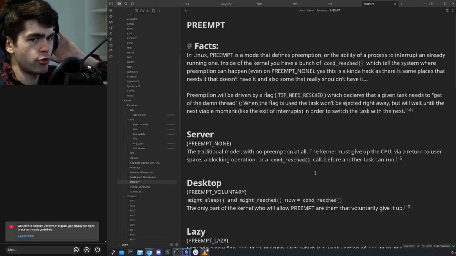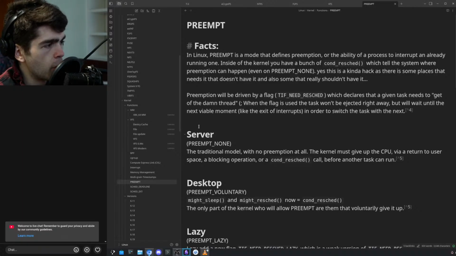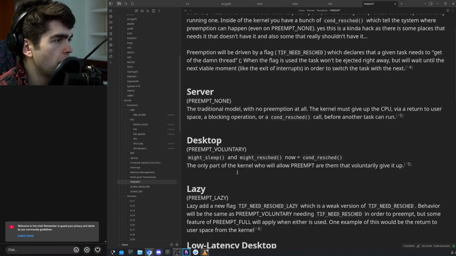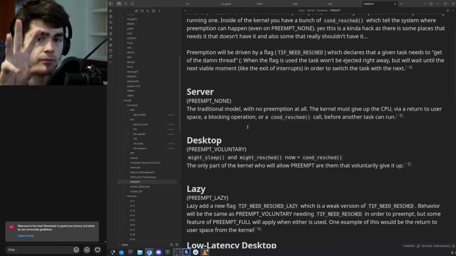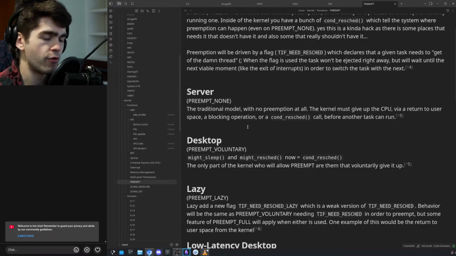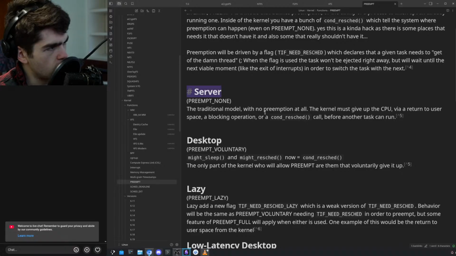The way that preemption works on Linux is that you have these preemption modes that you set in your kernel or that you can choose at boot, which essentially reconfigure when your kernel can be cut off by user space. So when can user space enter whenever some kernel space thing is running? Let's go down the list.